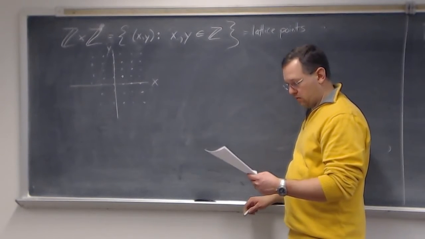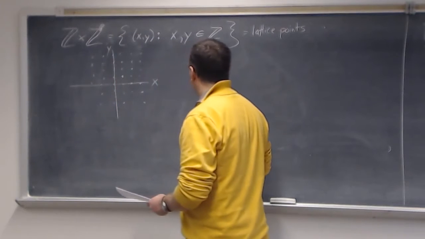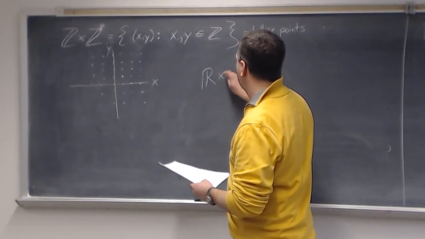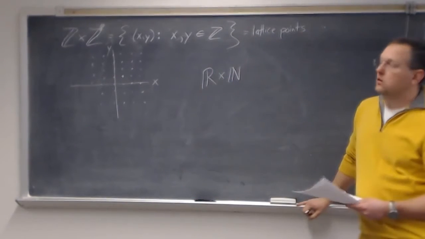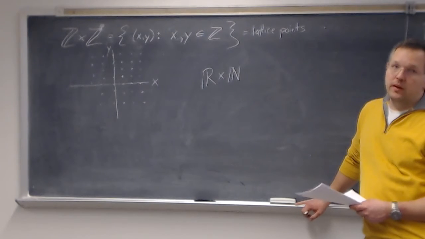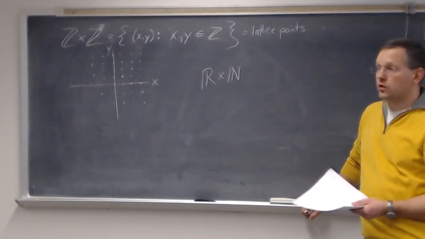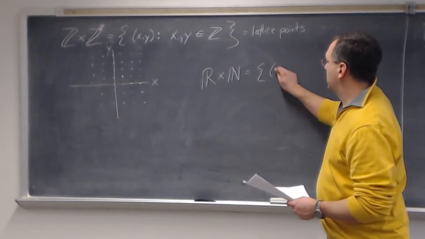How about the set R cross N? The product of the real numbers and natural numbers. Remember, the natural numbers are the positive integers, so 1, 2, 3, 4, 5. So what do these points look like?